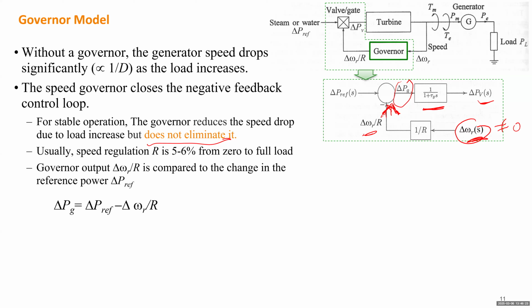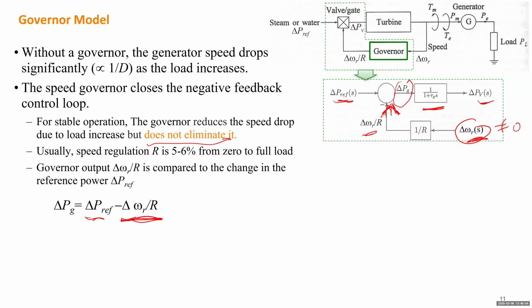So finally, the signal going to the turbine will be, first, the change due to the speed deviation, and second, the change from the reference. This reference will indicate how much you want the generator to output. That can be from the scheduled value. If you do an economic dispatch, you want to dispatch this generator to provide 100 megawatt at this point, so that P ref will be 100 megawatt.